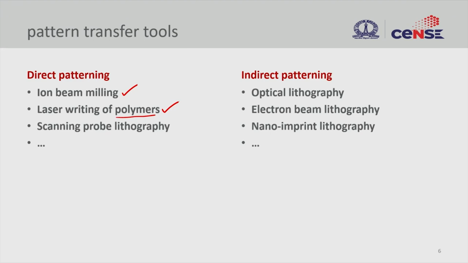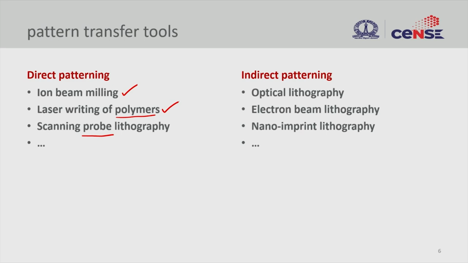Or scanning probe lithography. As I mentioned, you can use a probe, a physical probe, to transfer the pattern, and then there are many more. During the later part of this lecture, we'll also see various indirect pattern transfer techniques.